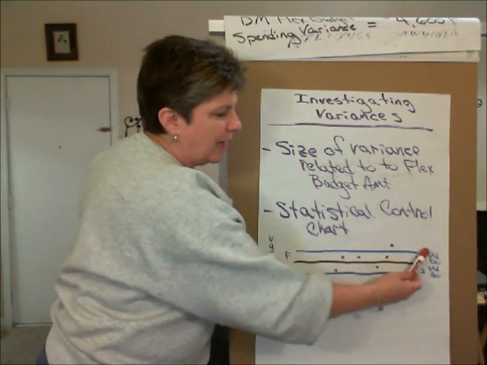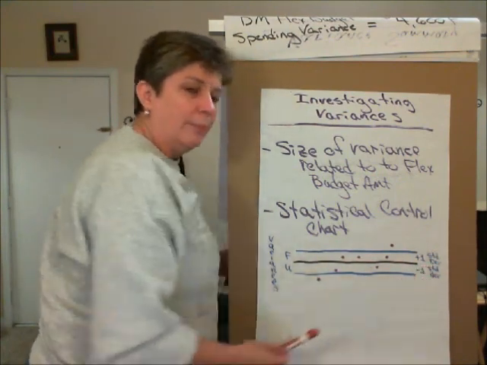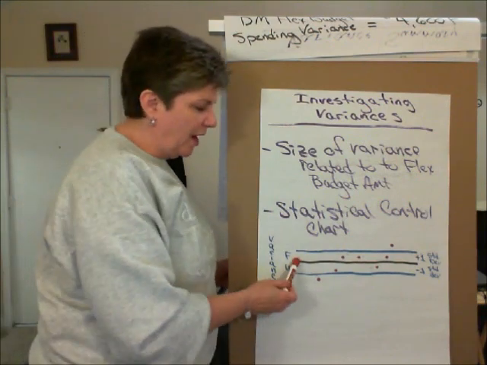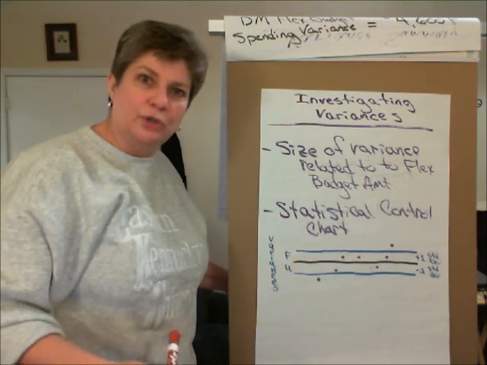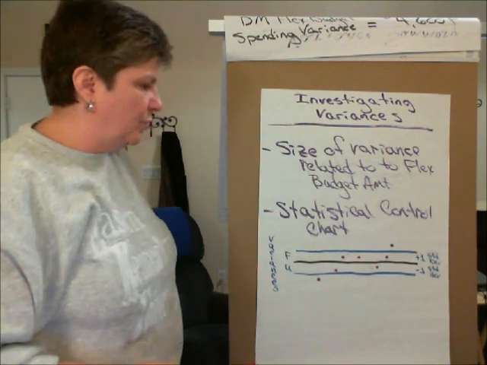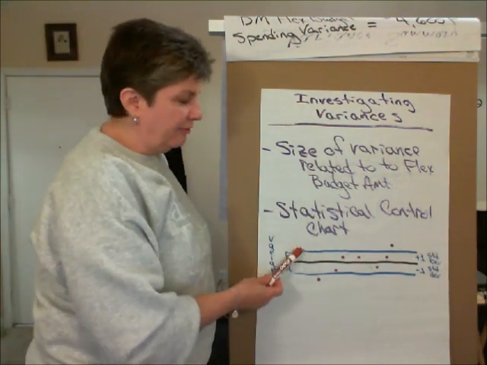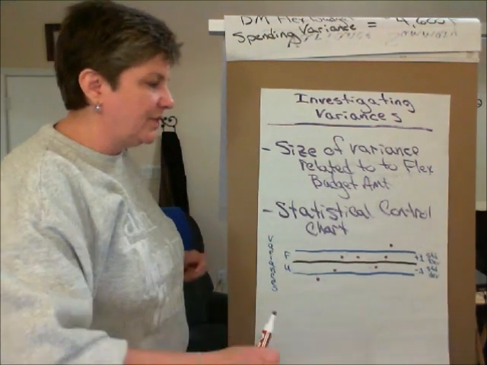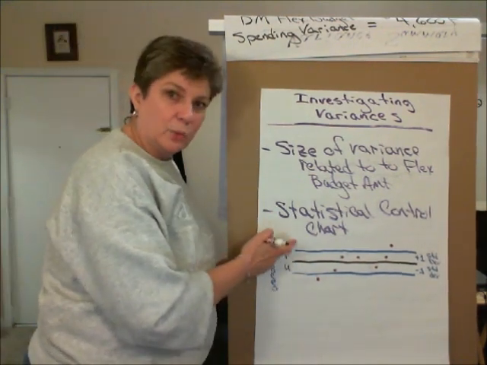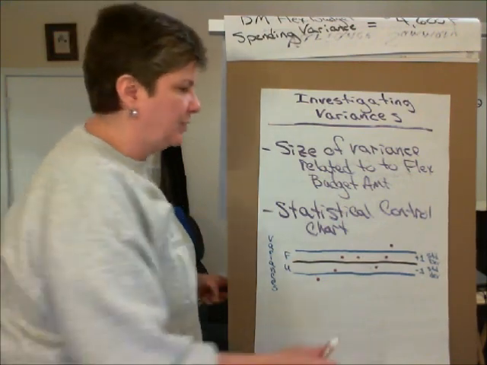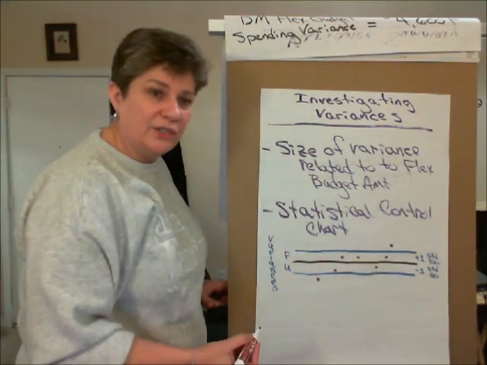The little blue lines up here are +1 and -1 standard deviation away from the costs that should be incurred according to the standards. So which ones would we investigate? Well, if the variance is outside ±1 standard deviation from standard cost, then it should be investigated.